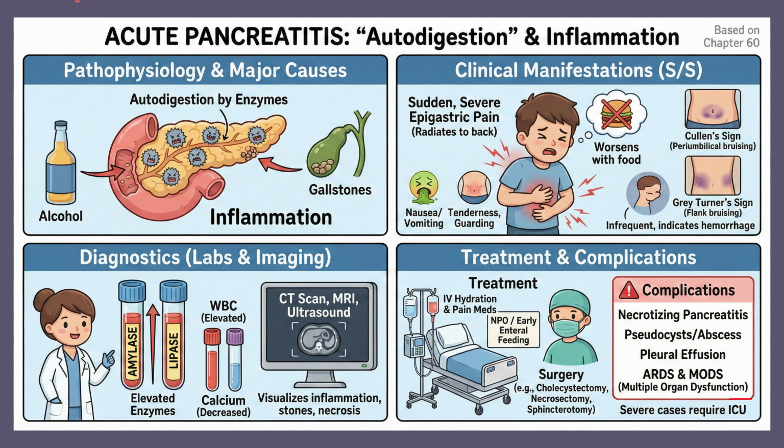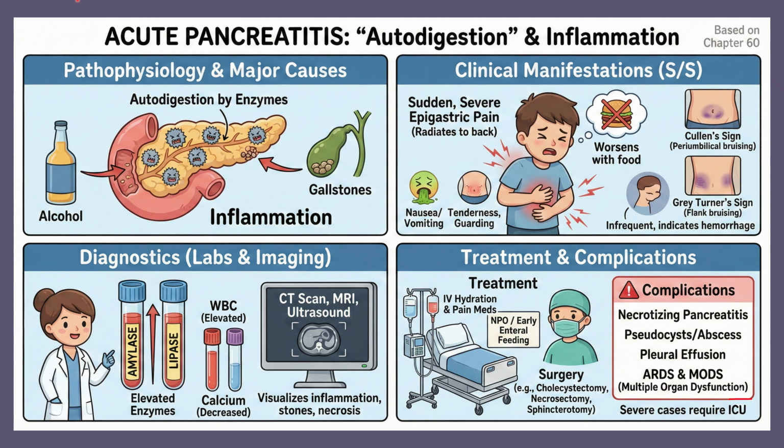The presence of Cullen sign, periumbilical bruising, and Grey Turner sign, flank bruising, is an ominous indicator of retroperitoneal hemorrhage and severe pancreatic necrosis, typically developing 24 to 48 hours after onset.